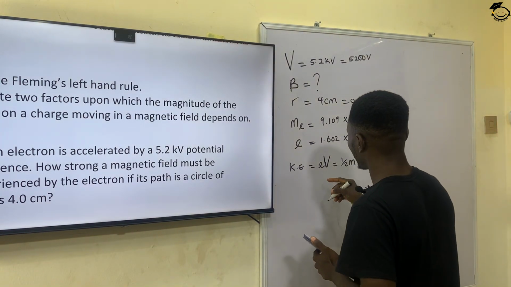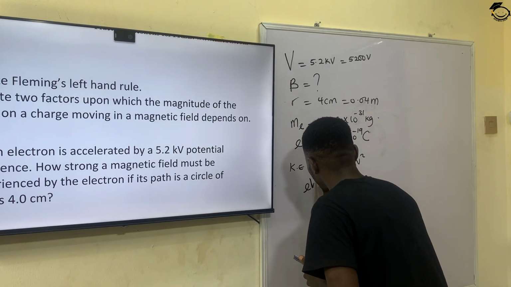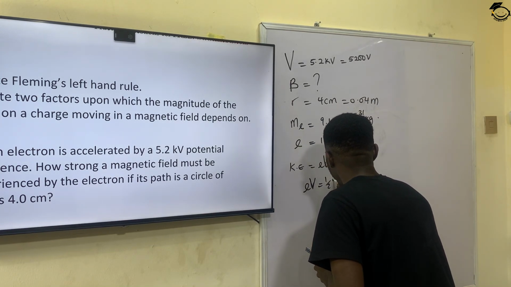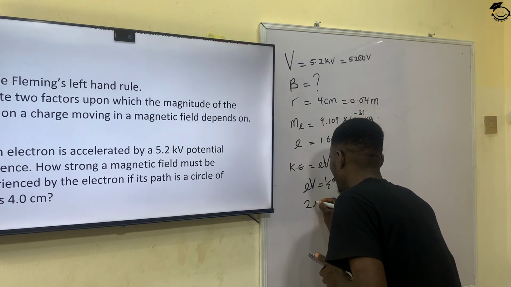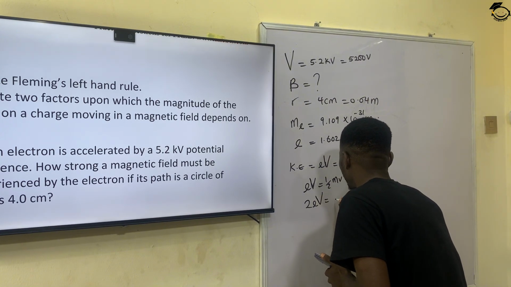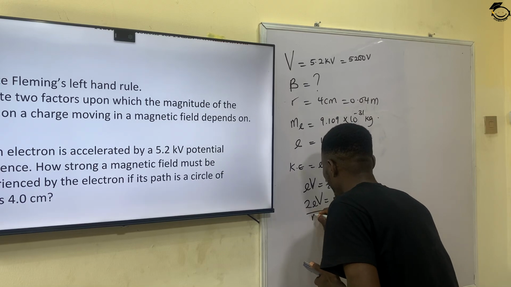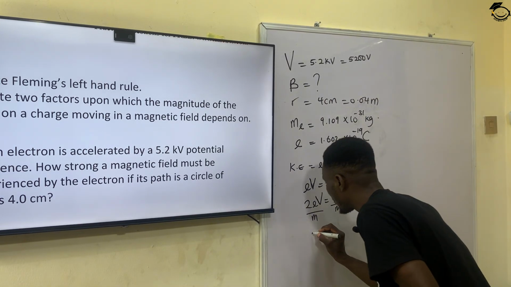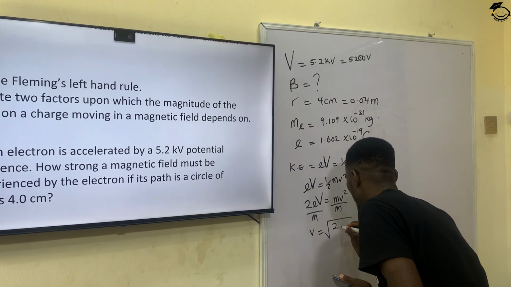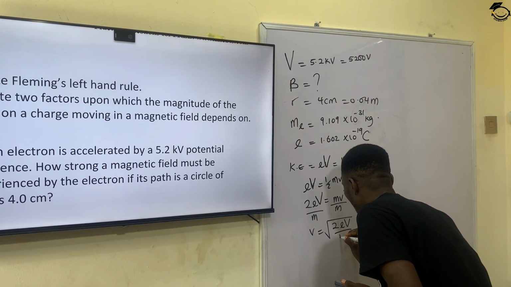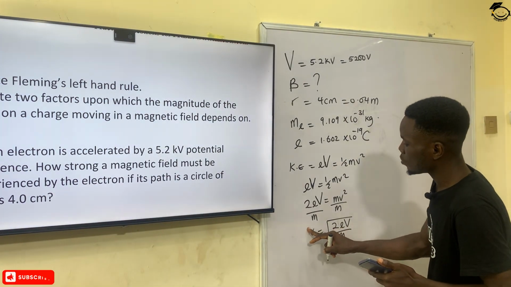So if I equate the two of them, eV is equal to half mv squared, which means 2eV is equal to mv squared. If I divide both sides by m, this means that my v is equal to the square root of 2eV over m. So this is the formula we're going to use to calculate the velocity of this particular charge.